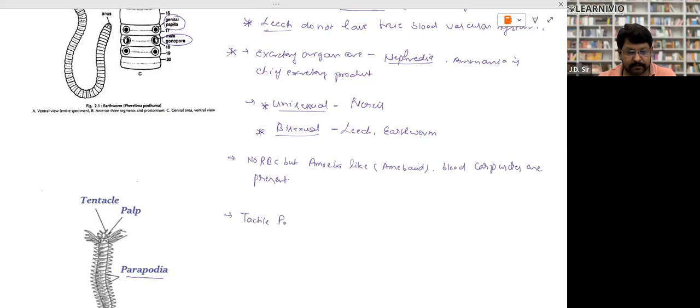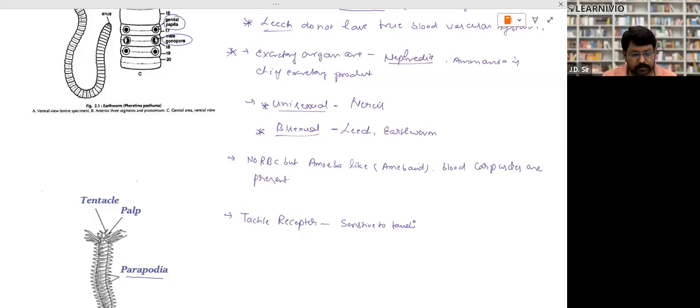Tactile receptor means the receptor which is sensitive to touch. Tactile means touch, right? They have tactile receptors which are sensitive to touch.